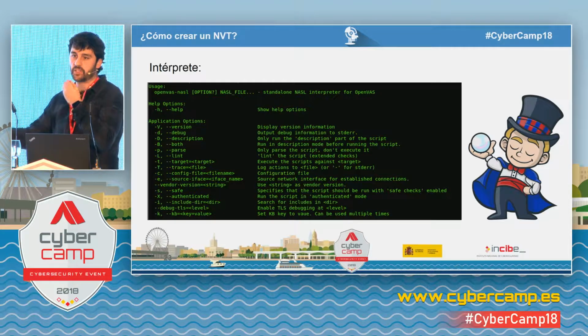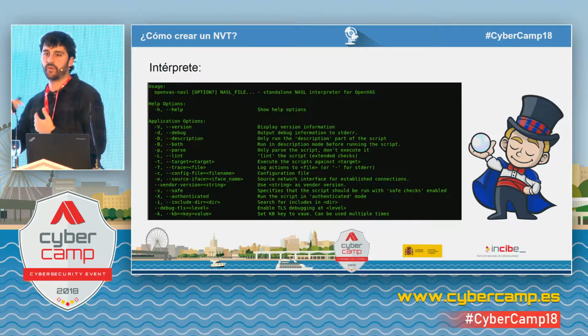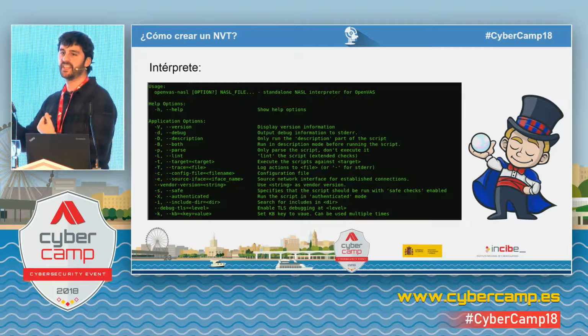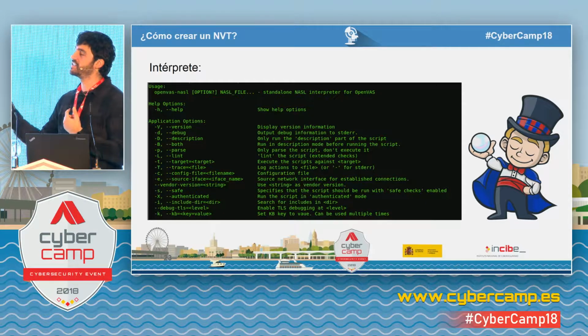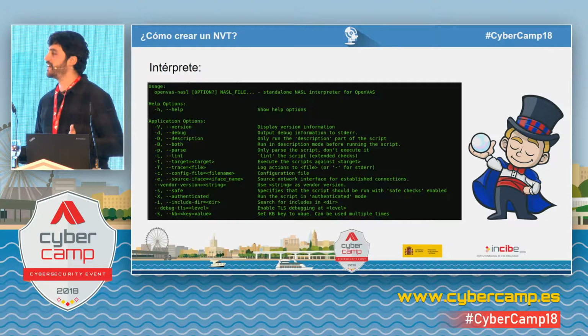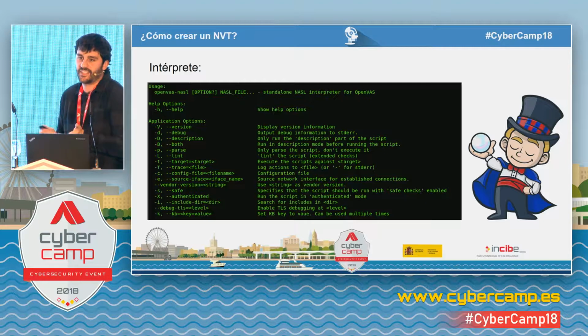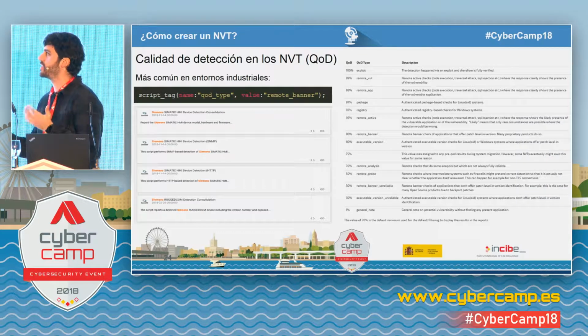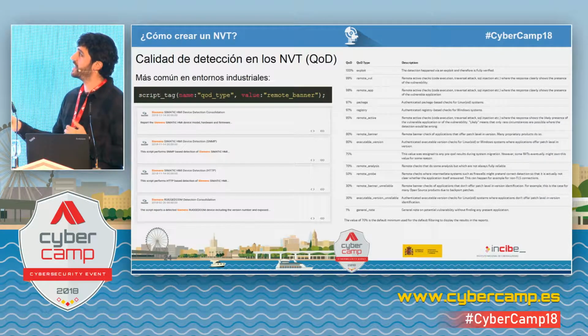This is the interpreter we are going to use. So it is not worthwhile to upload it to OpenVAS or to any other tool, because you will have to sign them. Therefore, let us take advantage of the existing interpreter for quick testing, which is not only the objective of this presentation, but also of our testing.